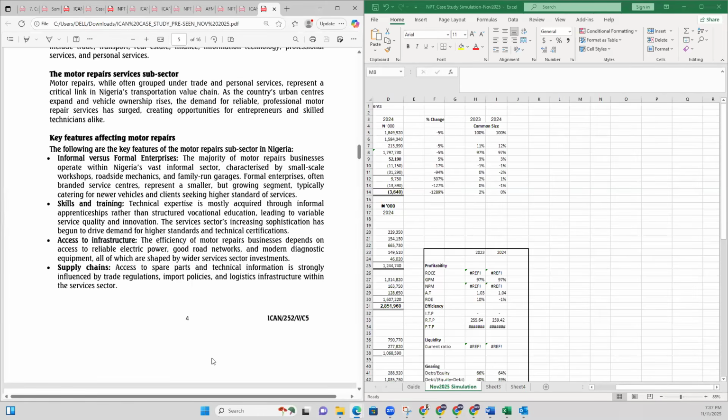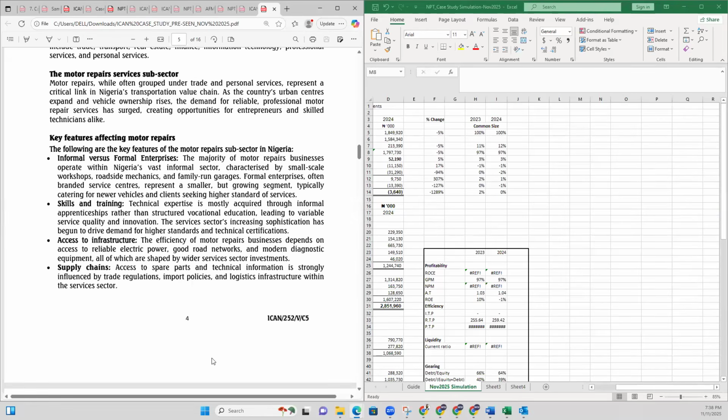Formal enterprises, often branded service centers, represent a smaller but growing segment, typically catering for newer vehicles and clients seeking higher standards of services. Skills and training.